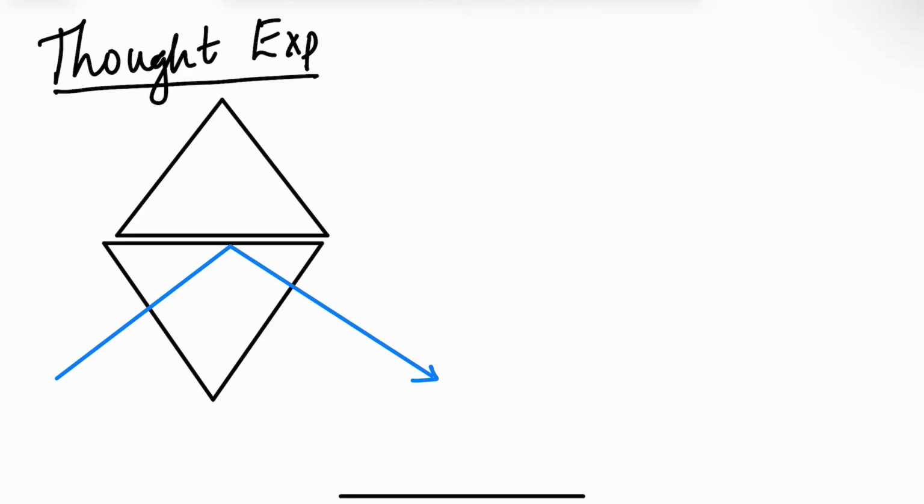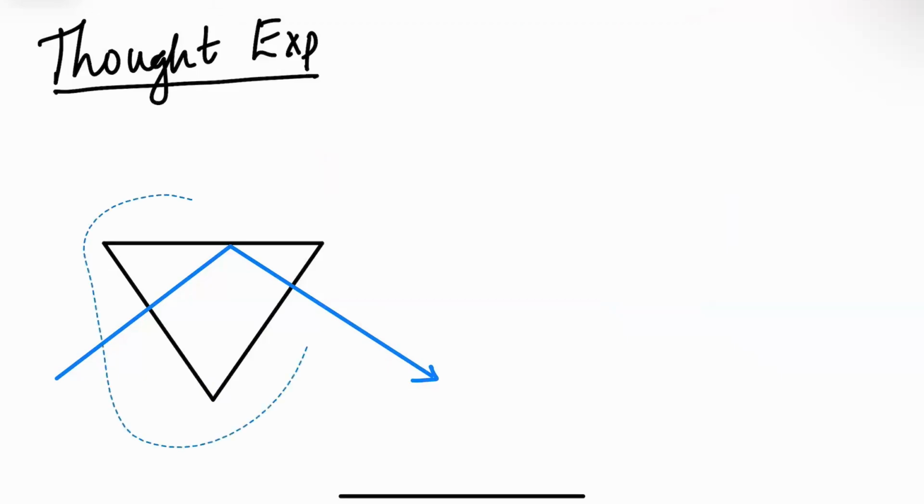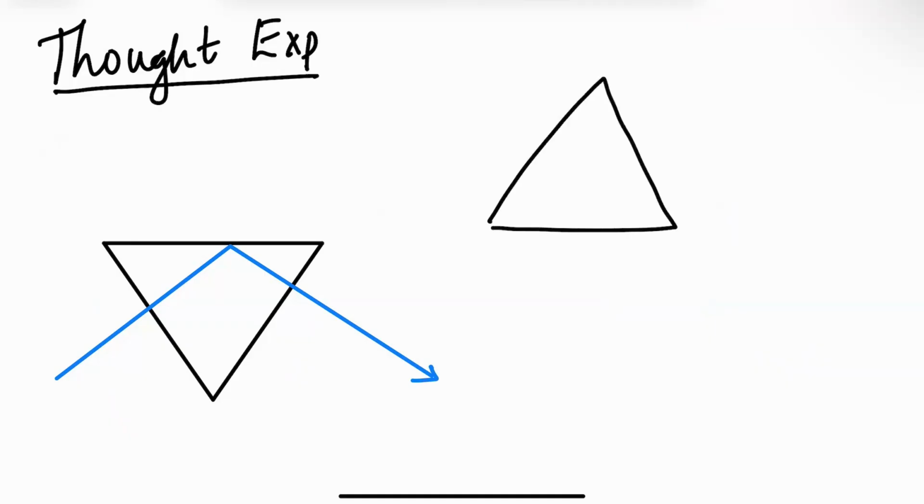What happens? Let me actually do that again. So maybe I just make a copy. I might just draw it again. So I have another prism like that.